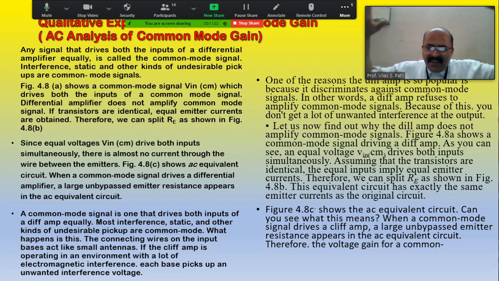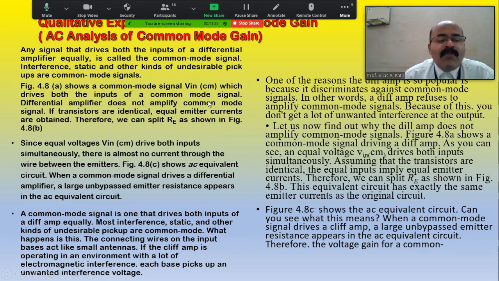In that MIDC there are different sounds and different noise, and if the bases of both transistors Q1 and Q2 pick up the interference or noise of the atmosphere, we see what will be the idea behind that. That is the common signal, which will be picked up by the bases of the transistors, and that relates to the common mode gain.